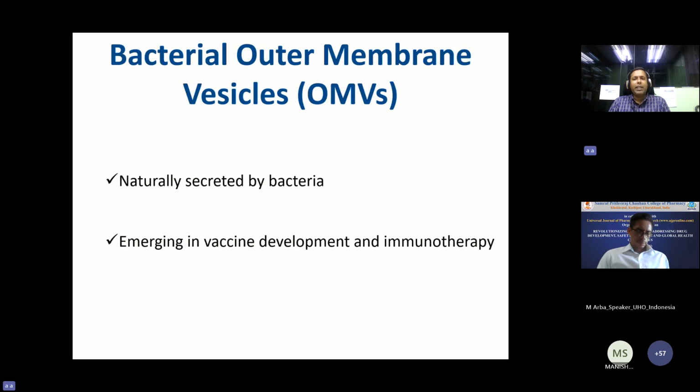Next is bacterial outer membrane vesicles. These are naturally secreted by bacteria, for example E. coli, which we can easily ferment and collect the vesicles from, and they are an emerging source for vaccine development and immunotherapy.